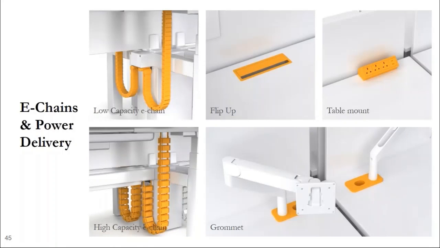Okay, now let's look at the e-chain and the power delivery options. The hiSpace worldwide comes with 2 options of e-chains. The first one is the low capacity e-chain, which is similar to the hiSpace one. And the second one is the high capacity e-chain, which is similar to the hiSpace 2.